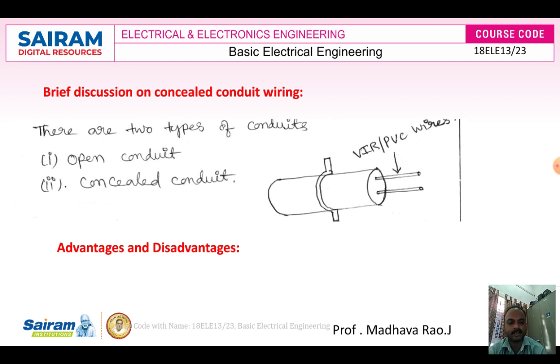We install gas pipes in modern houses, so these electrical pipes, the concealed wiring system, should not come near the gas pipes. And also in bathrooms, we use water pipes, so there also the concealed system should not be near the water pipes. These are the disadvantages of the concealed conduit system.